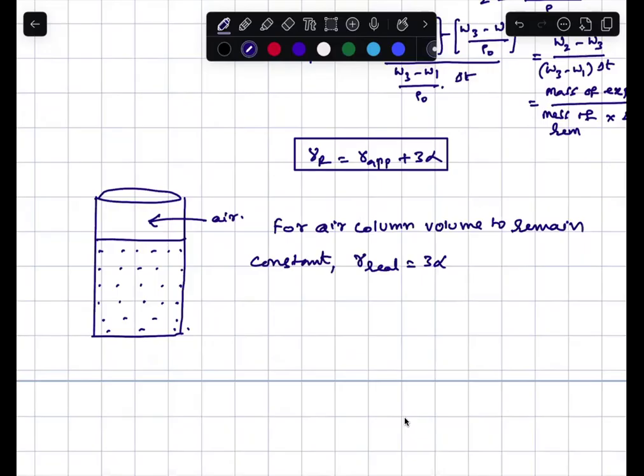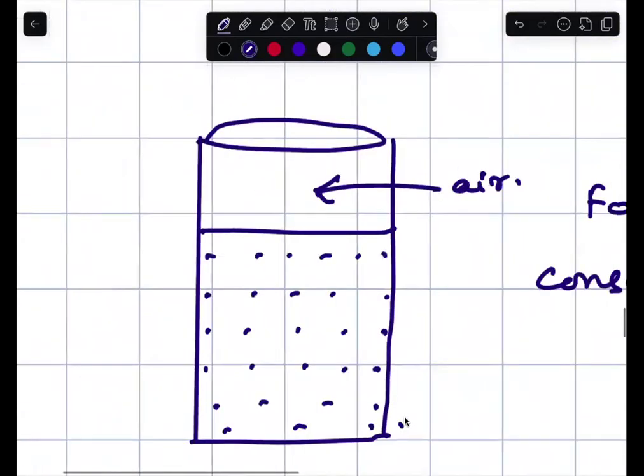For example, this is say 1 liter, 0, 1 liter, 750 ml. Now, always the free surface of the liquid is at the 750 ml mark. So with respect to the container, there is no expansion.